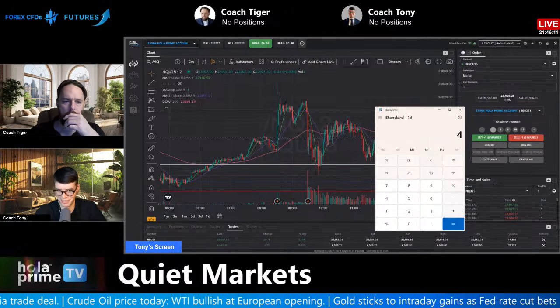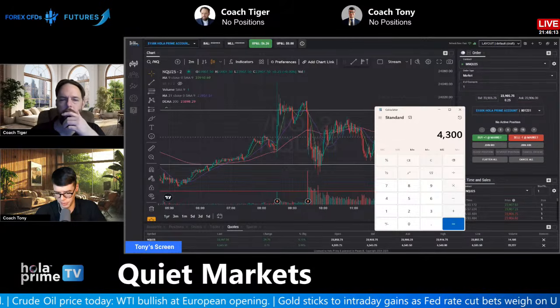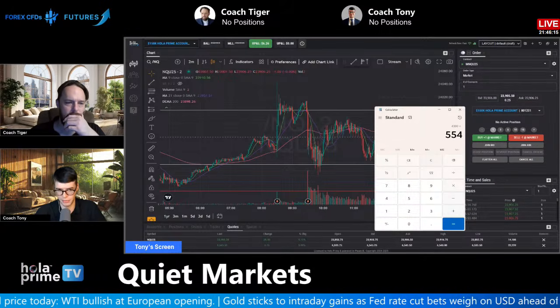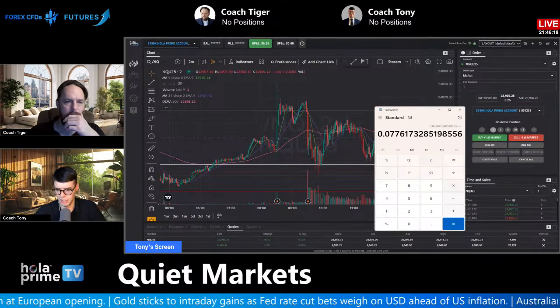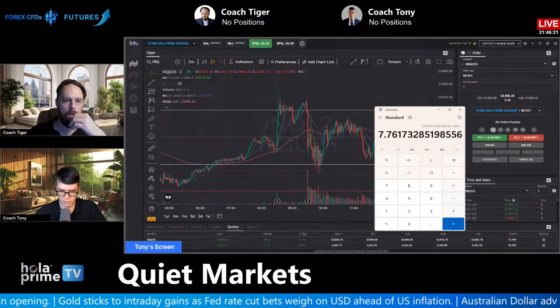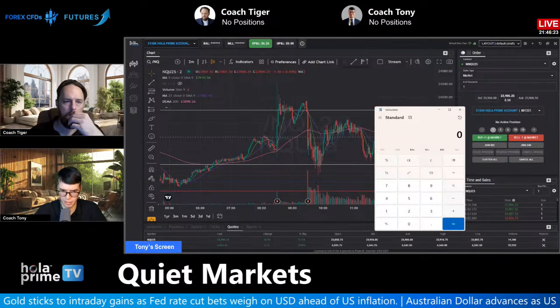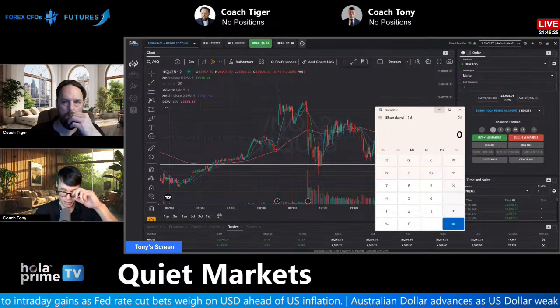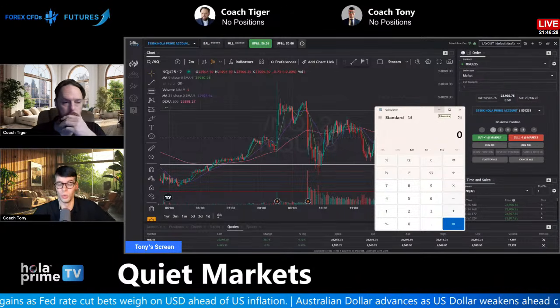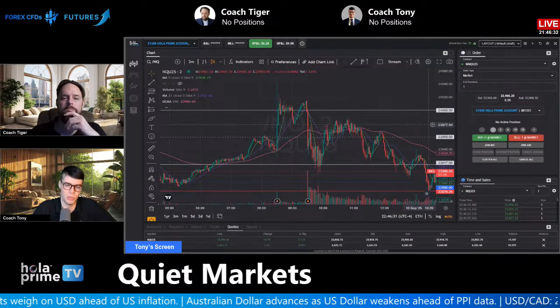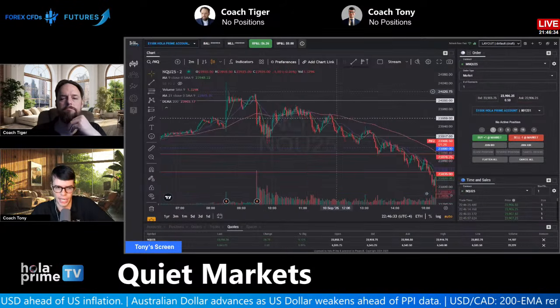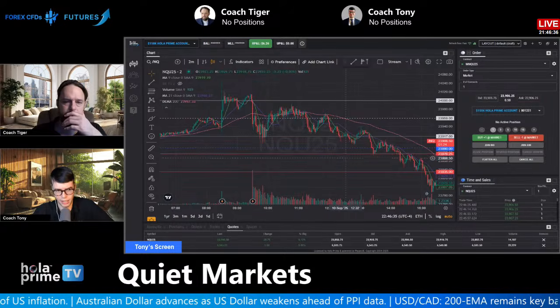Whoops. 4.3 trillion over 55, we'll say 400 billion, give it a couple hundred billion, times 100, get a percent. That's a 7.7% market cap weighting in NVIDIA. So whatever NVIDIA does drags the market. That's why it's so important, and NVIDIA is one of the things that I look at when I'm trading NASDAQ.